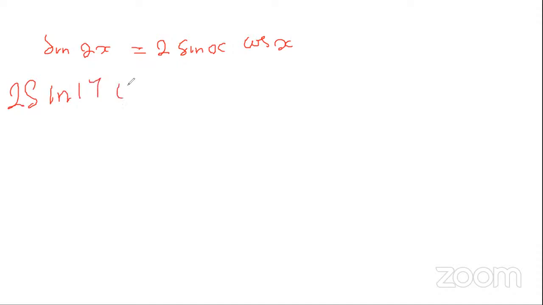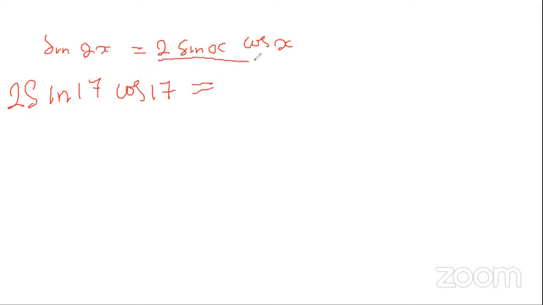We have sine of 2x is equal to 2 sine x cos x. Whether it is cos first or sine first, it doesn't matter. So we are given 2 sine 17 cos 17. So this one is equal to what?